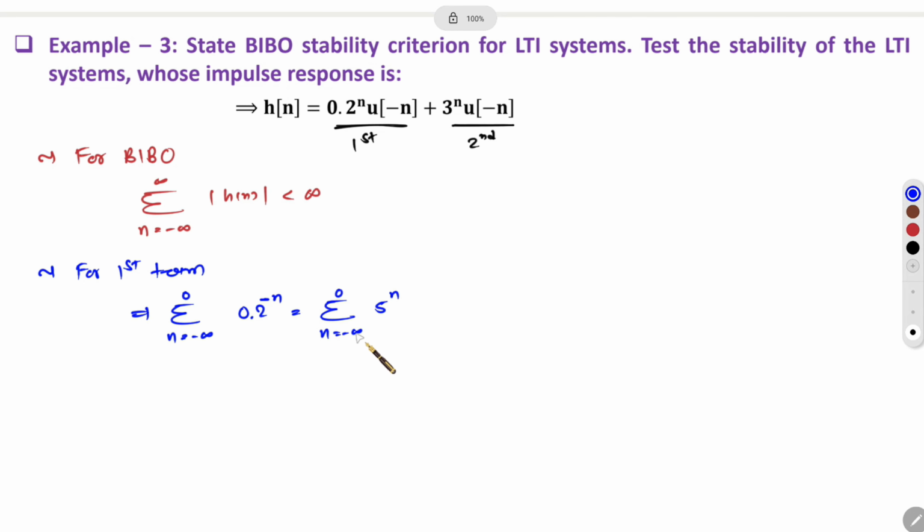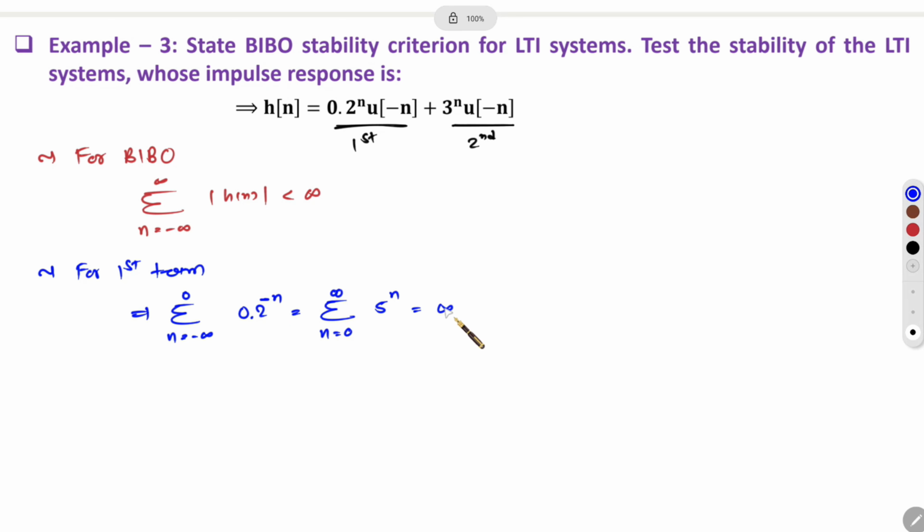In that case, one can say this n is ranging from 0 to infinity. So if you have 5 to the power n, where n is ranging from 0 to infinity, then this addition will become infinite, right?